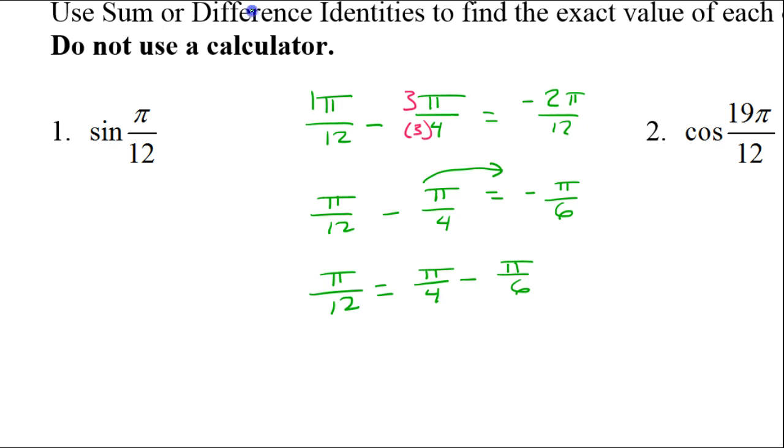So this is the fact that I can use to rewrite the original problem into a difference. So this will be the same thing as sine of pi over 4 minus pi over 6. Alright, so we went to having something that was not a special angle, and now we have the difference of two special angles. That's the key.